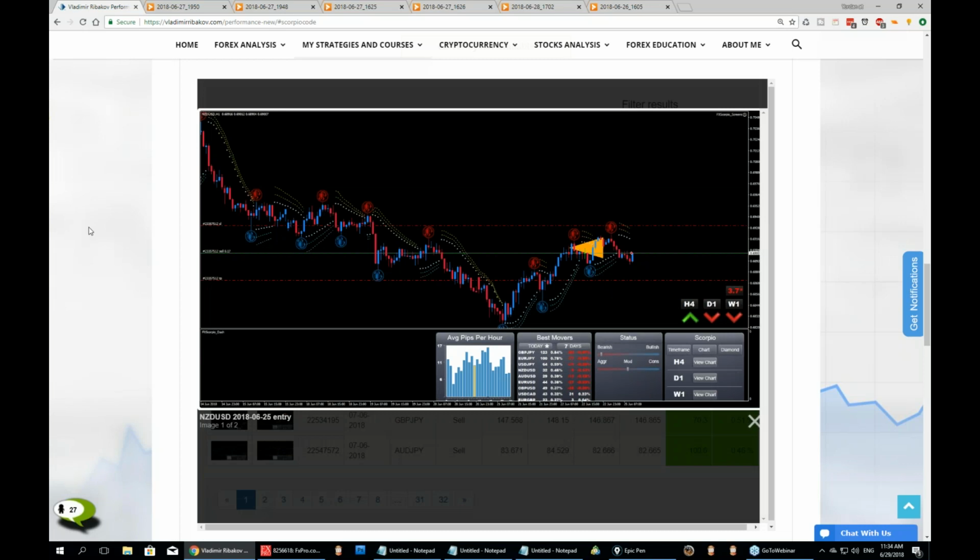Kiwi dollar, excuse me. In that case, we do have multiple counts we can rely on. This is the first one, and then of course we have the bigger one, which gives us 161. Looking for sells, of course. This is the attempt. Why?